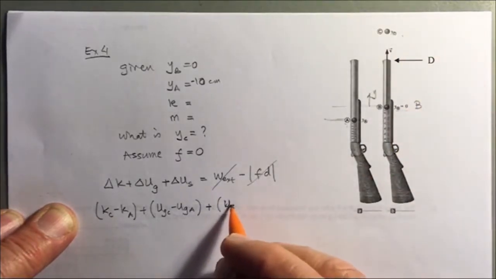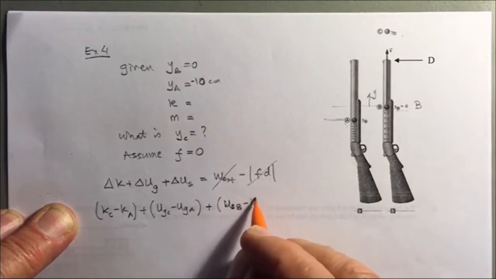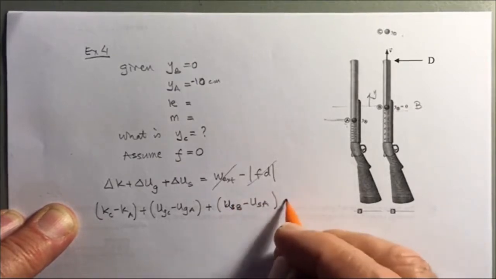So that's U spring B minus U spring at A equals 0.